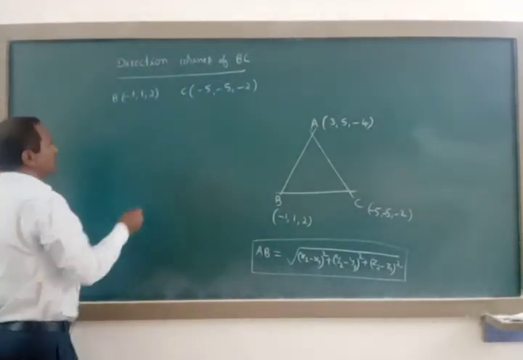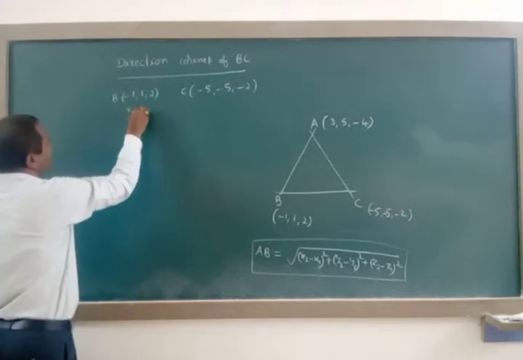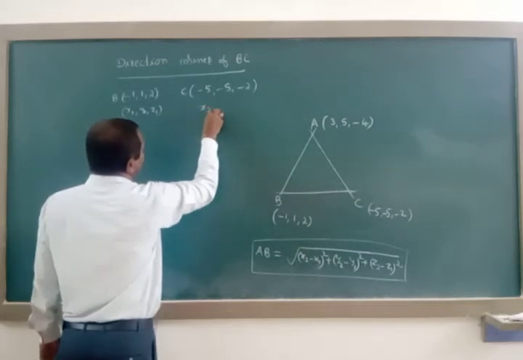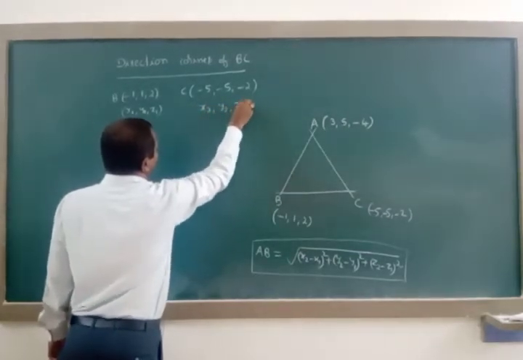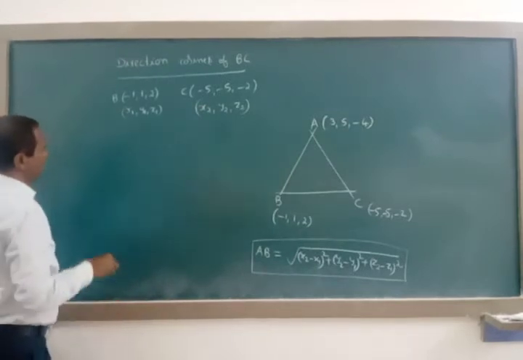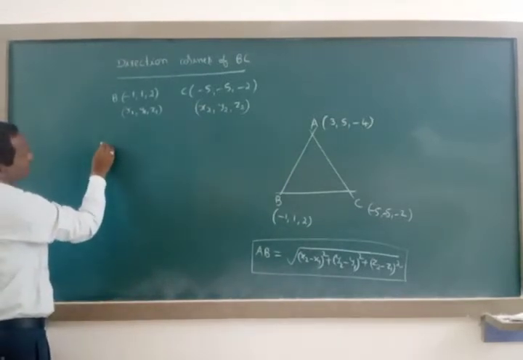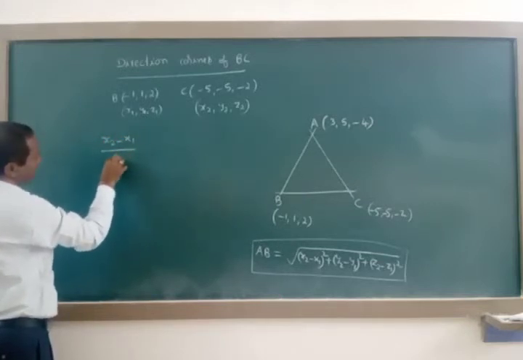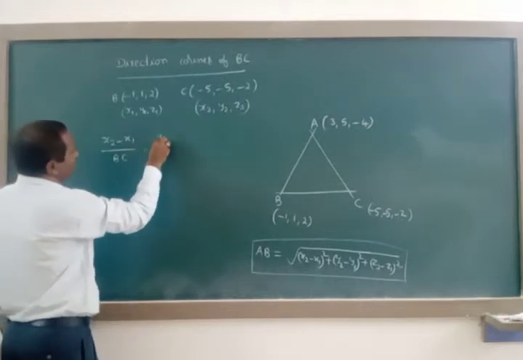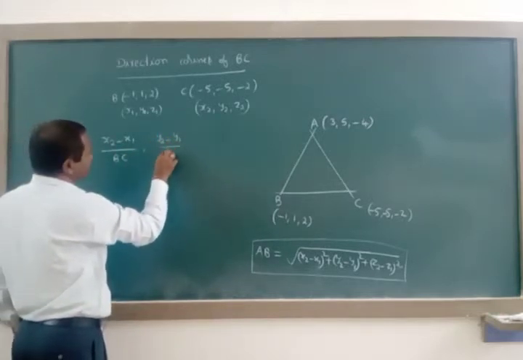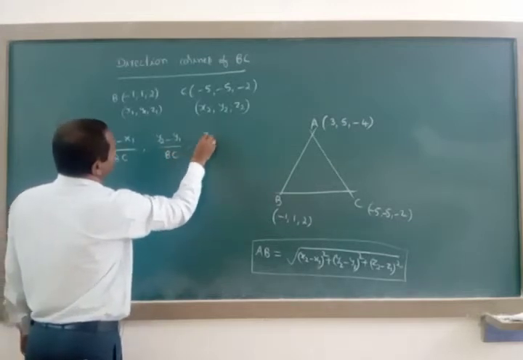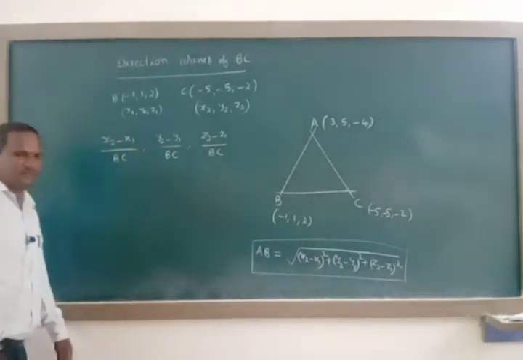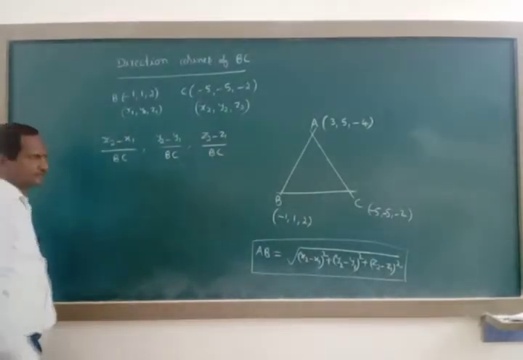Consider B as x1, y1, z1 and C as x2, y2, z2. The direction cosines of BC formula: x2 minus x1 by BC, y2 minus y1 by BC, z2 minus z1 by BC, where BC means the distance between the 2 points.